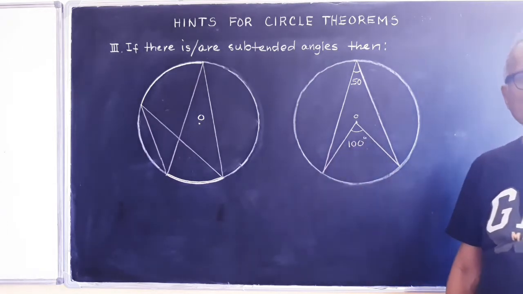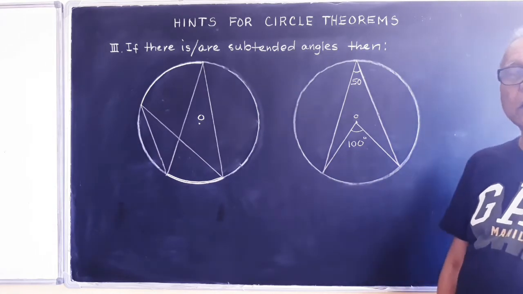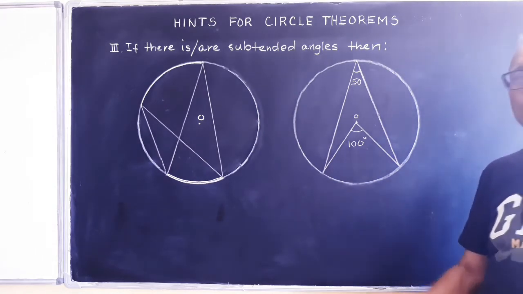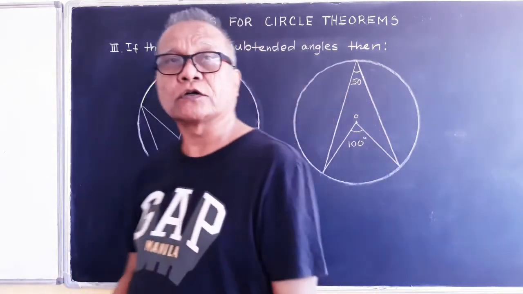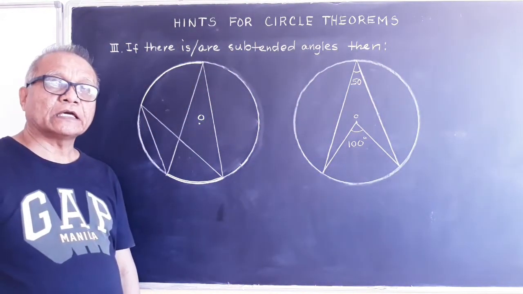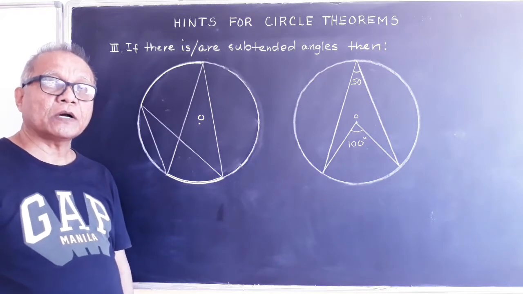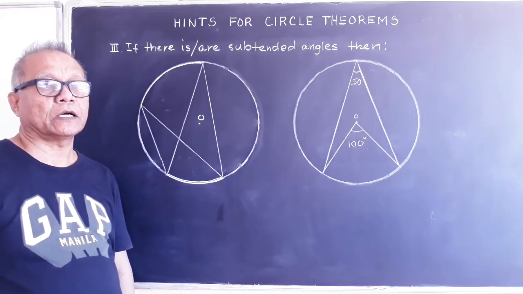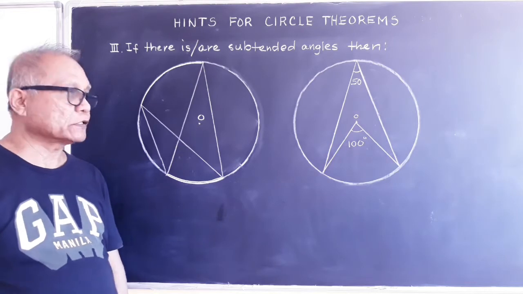Usually that is for only one subtended angle, but if we have two or three subtended angles standing on the same arc, they are equal or congruent.